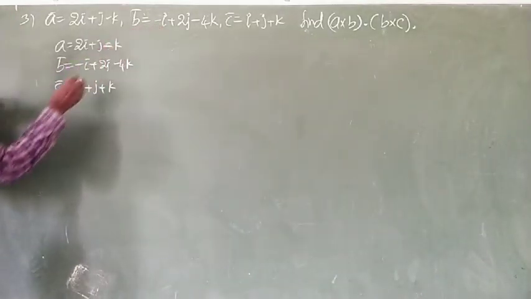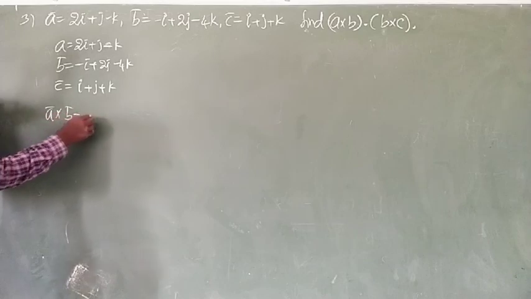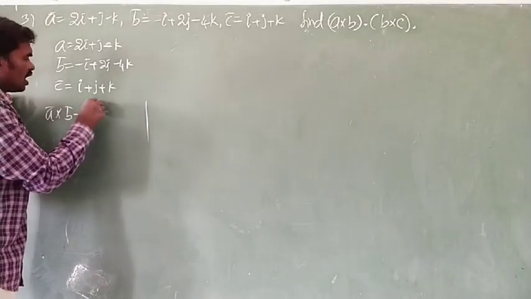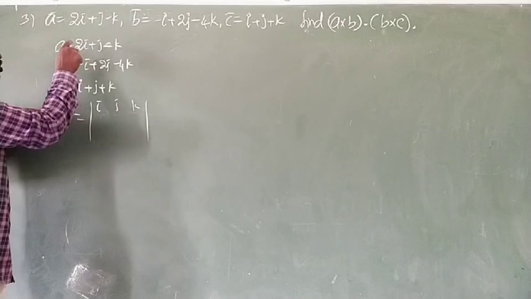Okay, the question is written. First find A cross B. How can we find A cross B? Yes, very good. Determinant of i, j, k. First A elements: 2, 1, minus 1.